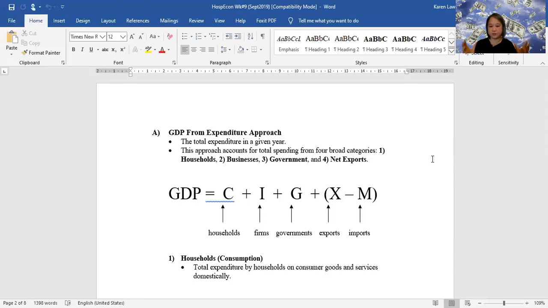So therefore, we look to see, number one, how much did households buy that year? How much did businesses buy that year? How much did our government buy that year? And how much did our trading partners buy from us? And how much did we buy from them? And that would be our net exports.